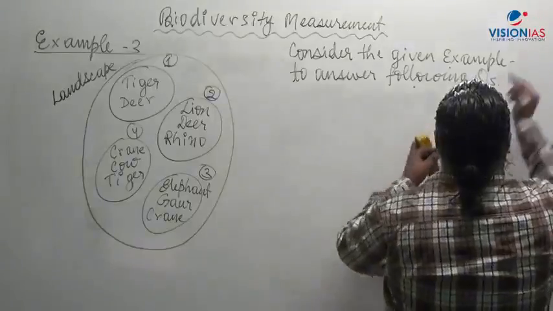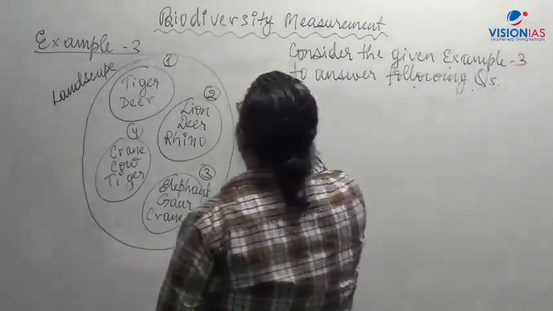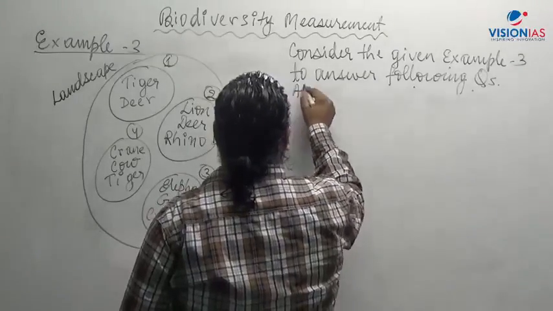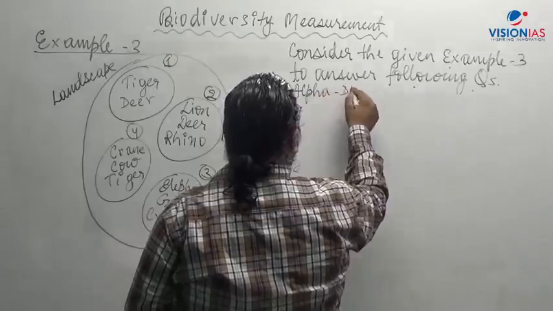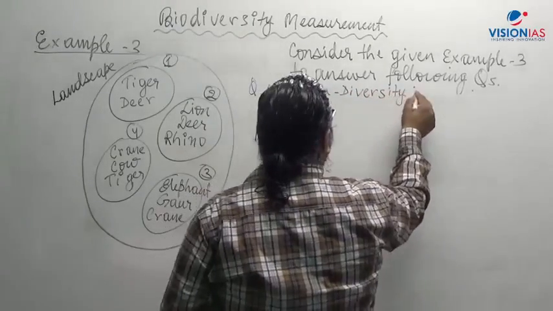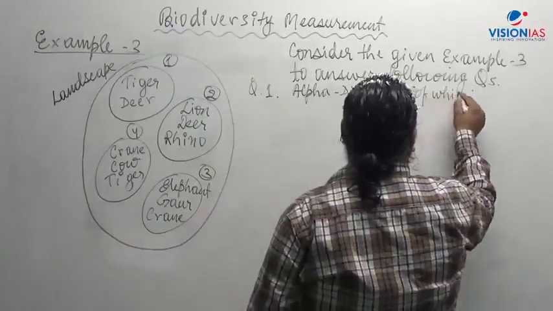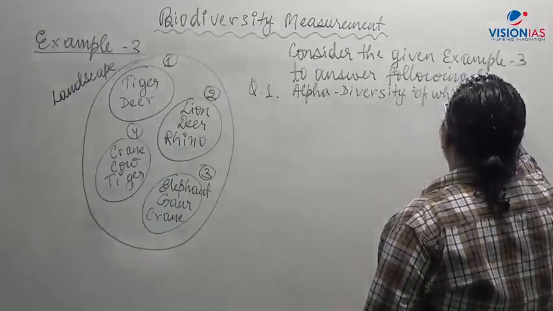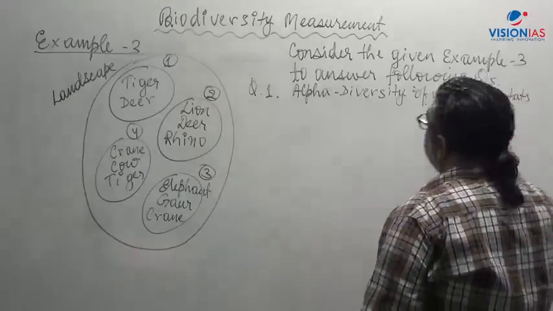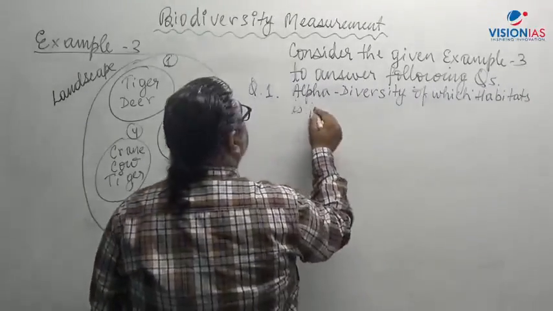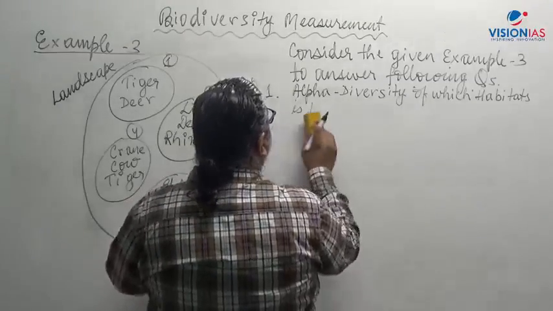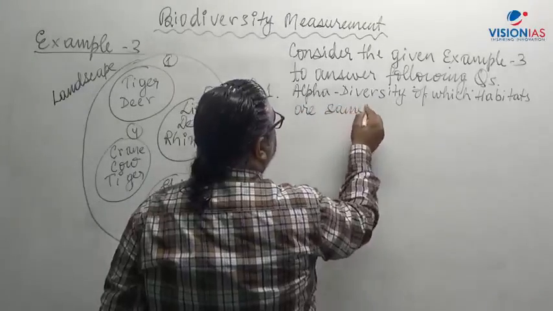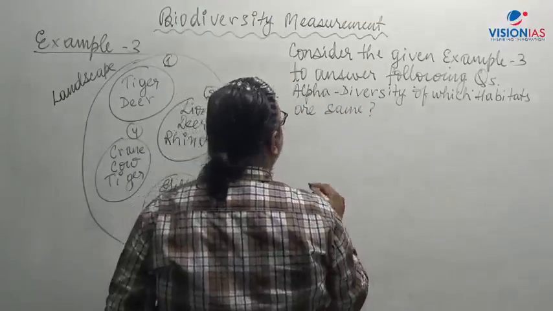So now you have to answer the following question. Question number 1. Alpha diversity of which habitats is the same or equal?